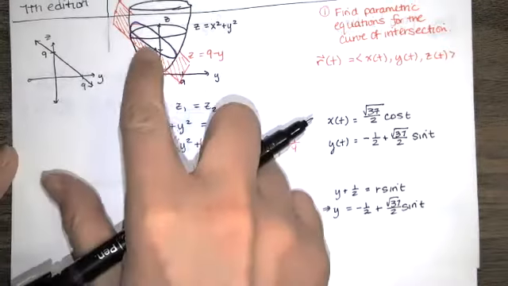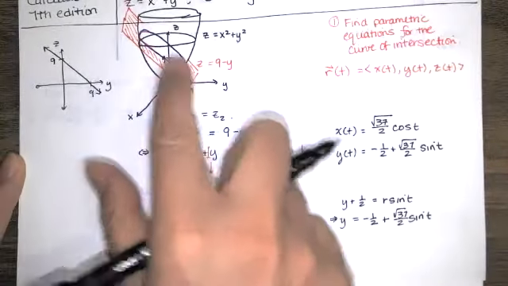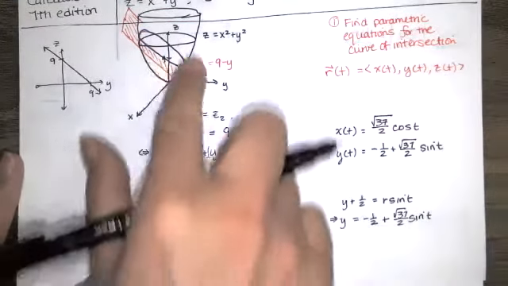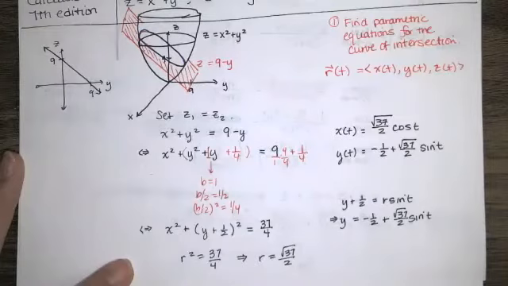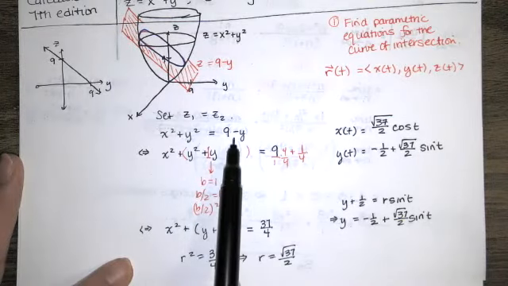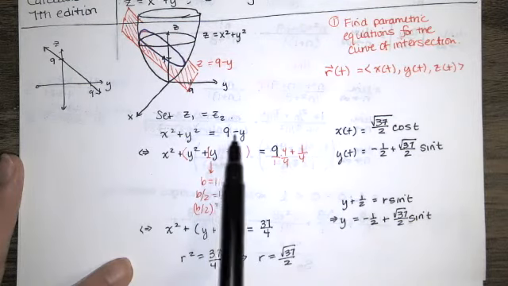Now the whole time we're on this circle, where this plane intersects this paraboloid, the z values are also changing. So in order to find the z values, I will just use this second equation. It's going to be the easiest one to simplify. Z is equal to 9 minus y.